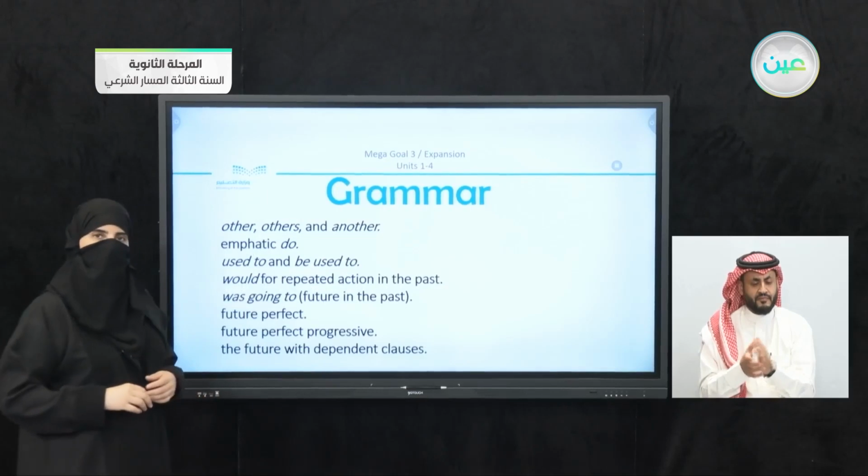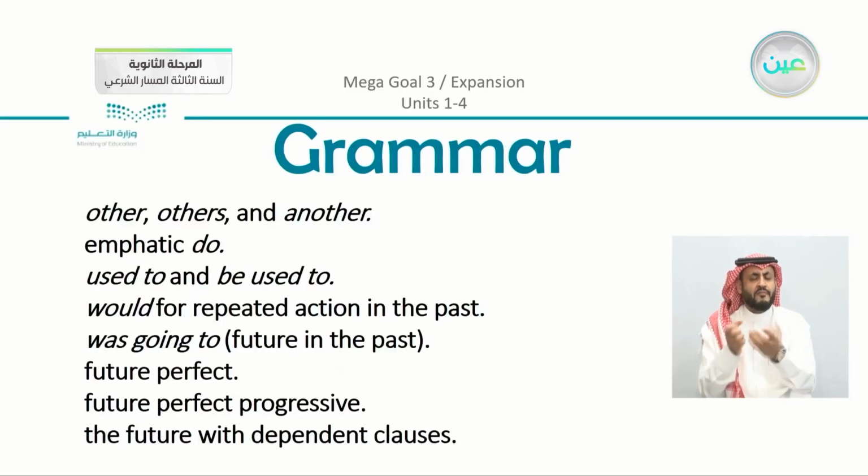Now, what did we study in grammar? You can see that we, for example, studied other, others, and another. We also studied the emphatic do, used to, and be used to in sentences. We had studied also would for repeated action in the past, and was going to for future in the past.